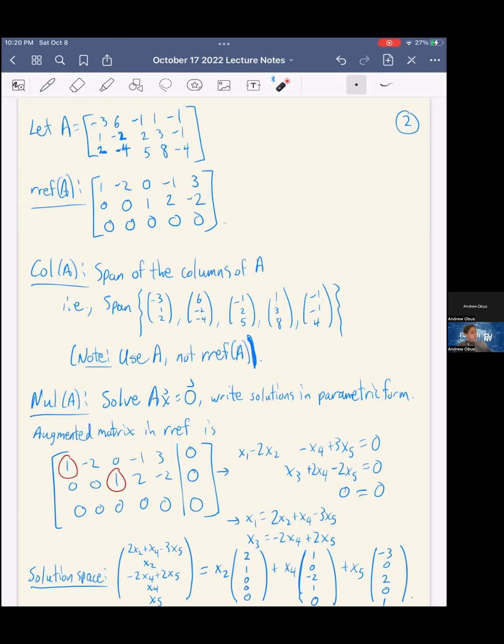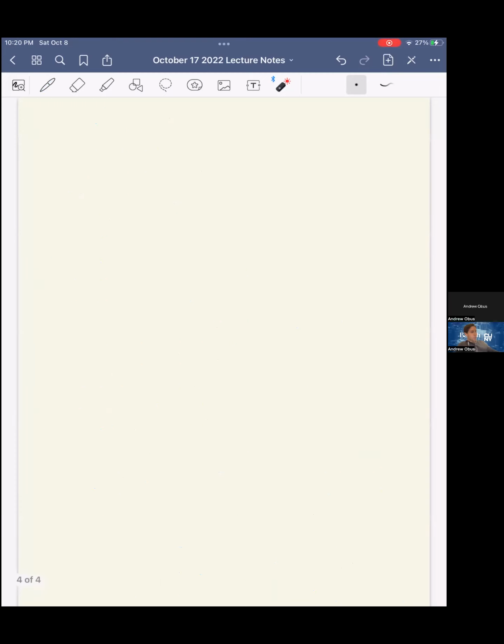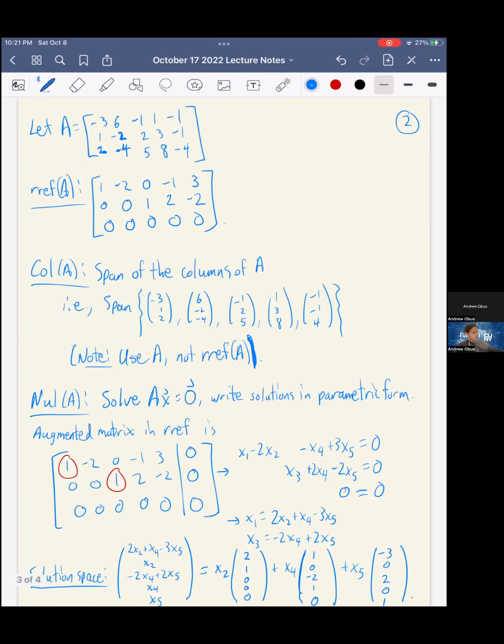the solutions consist of all of the linear combinations of this vector, and this vector. So I'm going to write it on the next page. So what we conclude is page 3. So we conclude that the null space of A is equal to the span of, well, exactly these three vectors over here.